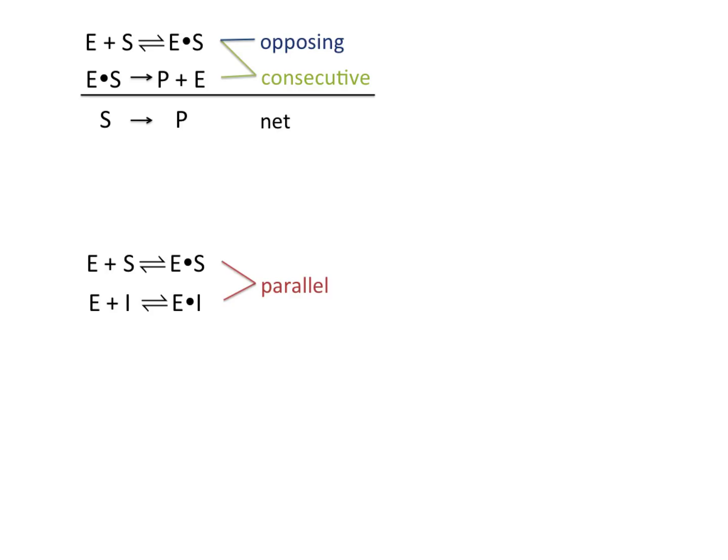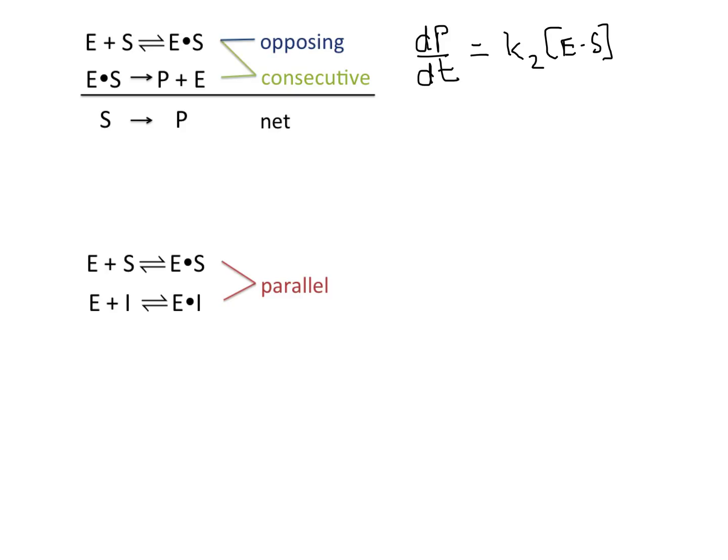So for instance, if I want to write the rate of appearance of product in time for this simple enzyme mechanism, I look for the reaction in which product plays a role. The only reaction in which product appears is the second reaction, and so I can write that that rate is a rate constant, we'll call that K2 because it's the second reaction, times the concentration of the reactants.